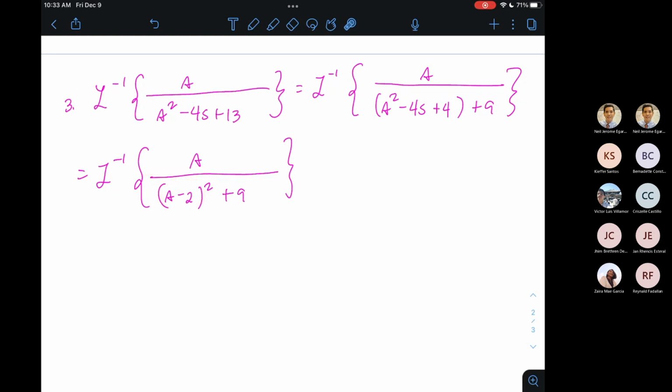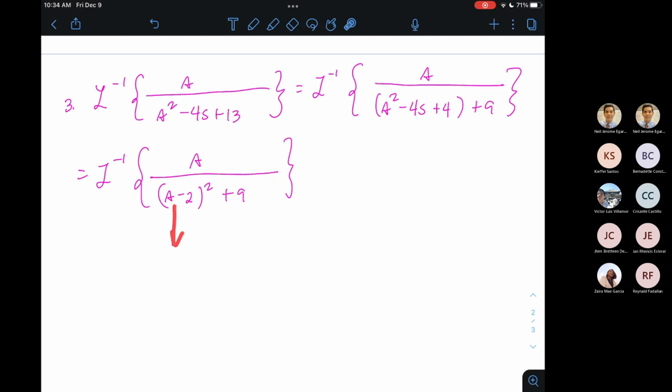Remember, pag meron kang s minus a dun sa loob ng Laplace transform, you get an s minus a if you multiply your inverse Laplace transform by e to the negative at.